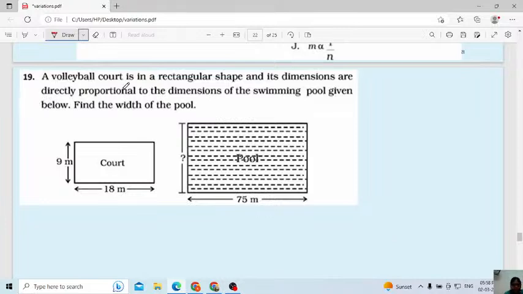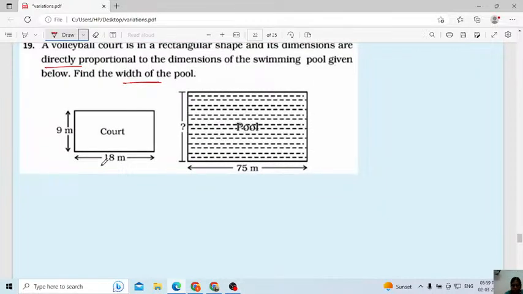A volleyball court is in rectangular shape and its dimensions are directly proportional. Then the dimensions of the swimming pool are given below, find the width of the pool. Only when you can compare the quantities, when they are given directly or indirectly. Don't get confused. Like this, rectangular problems they will give in different concepts also. Don't use all the concepts in the same way.